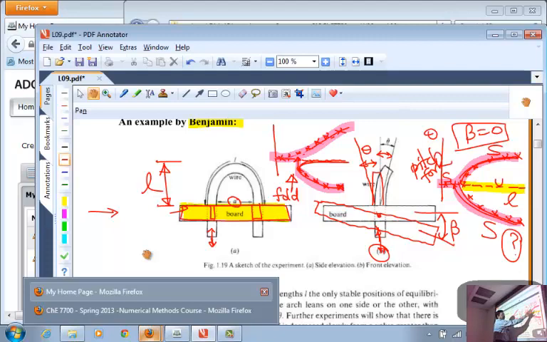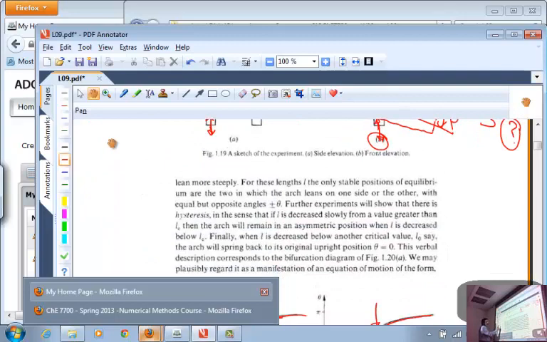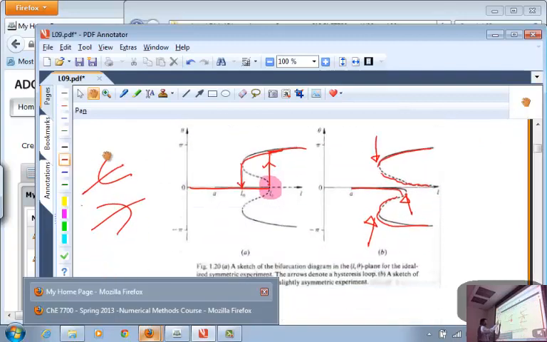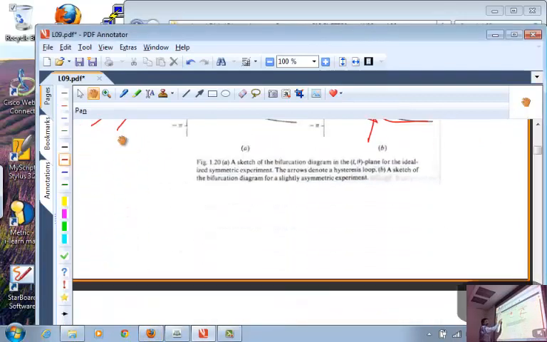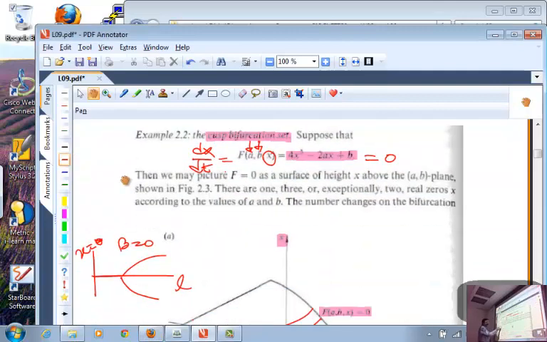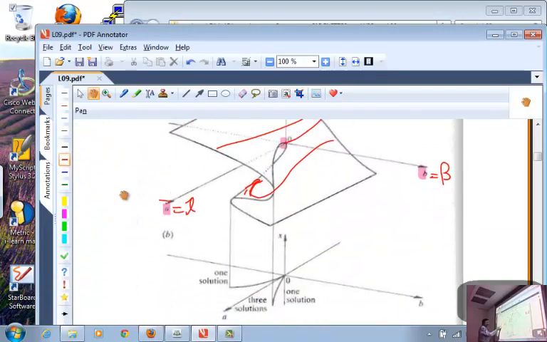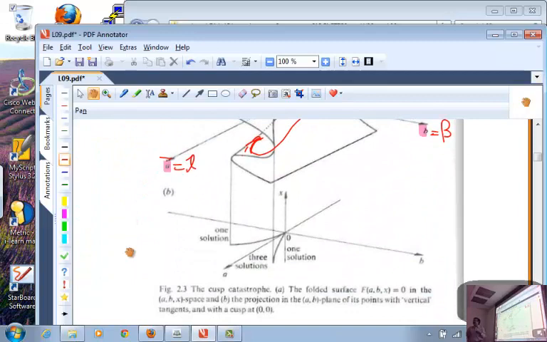This branch changes into this for positive beta, and in the other way, continuously going down, then going up for negative beta. That is a classic example of a pitchfork bifurcation. So we are just talking about concepts of how complicated a nonlinear dynamical system response can be, even using a simple cubic equation like this.